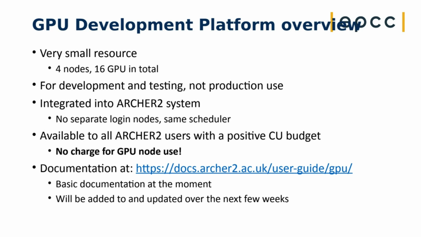The first thing to realize is it's a very small resource, right? There are only 4 nodes with GPUs, and each of those nodes has 4 GPUs. So there's only 16 GPUs in total, and we'll get to the architecture in a minute. But these are not quite the same as some of the GPU nodes you might have seen in some of the large exascale systems in the US, where each of the GPUs is really 2 GPUs called a GCD.